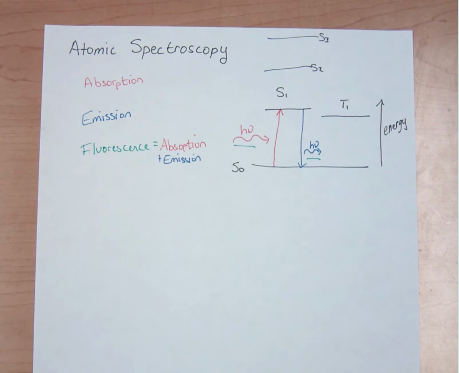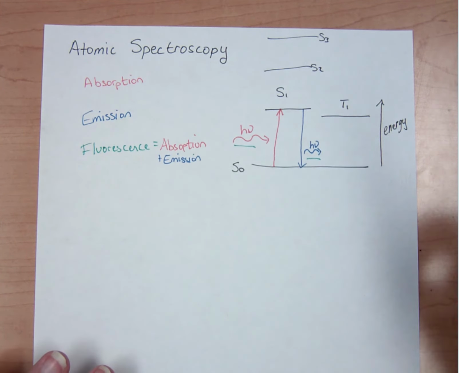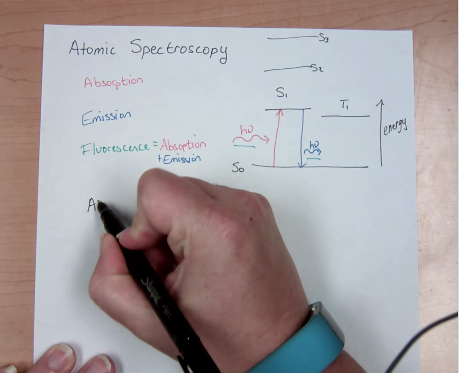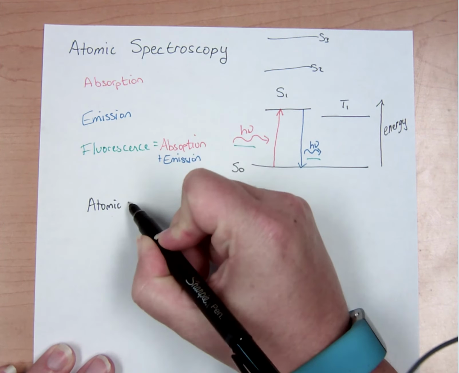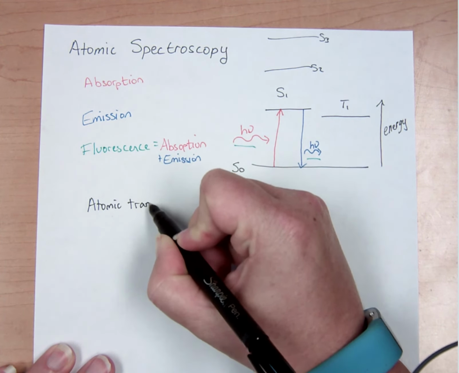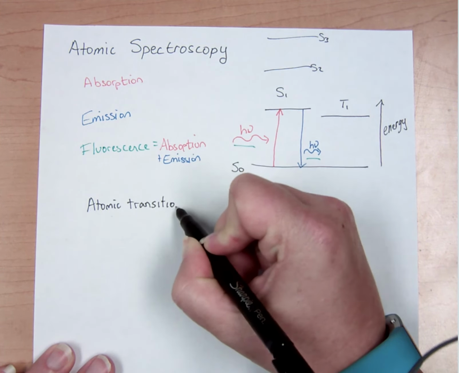Okay. Now, because we have these very defined electronic excitation states, and we don't have a variety of vibrational or rotational states to work with, what you'll notice is that the atomic transitions are going to be very narrow. So atomic transitions are much narrower bands of wavelength than molecular transitions.